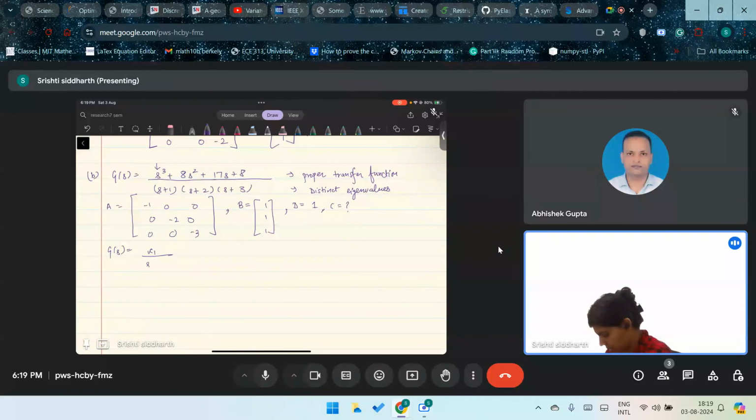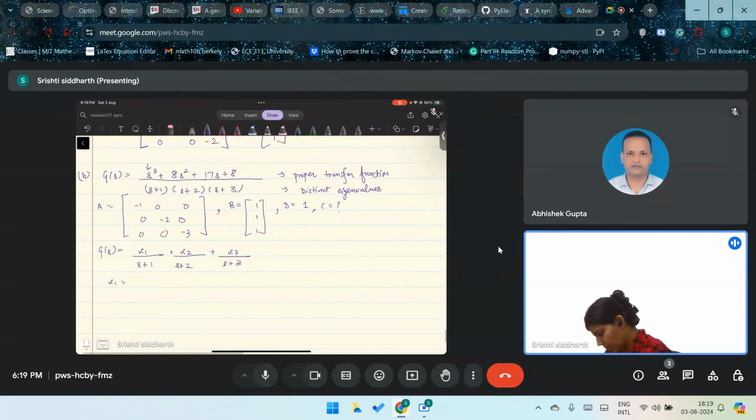G of S is C1 upon S plus 1 plus C2 upon S plus 2 plus C3 upon S plus 3. So C1 is going to be S cube plus 8s squared plus 17s plus 8, and you remove the term for the corresponding eigenvalue, and you have to compute this at S equals -1.